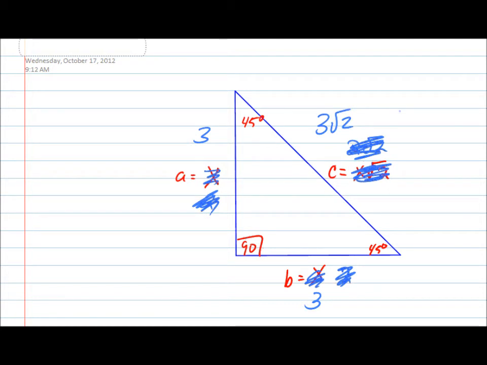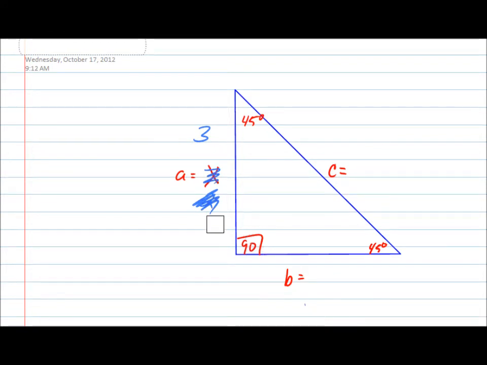Well, what if we know the hypotenuse and we want to know the sides? Let's see. What if we said that C was 4? Well, we know this side is going to be x, this side is going to be x root 2, and this side is going to be x. So if we know the hypotenuse and we want to know a side, all we need to do is divide by the square root of 2.